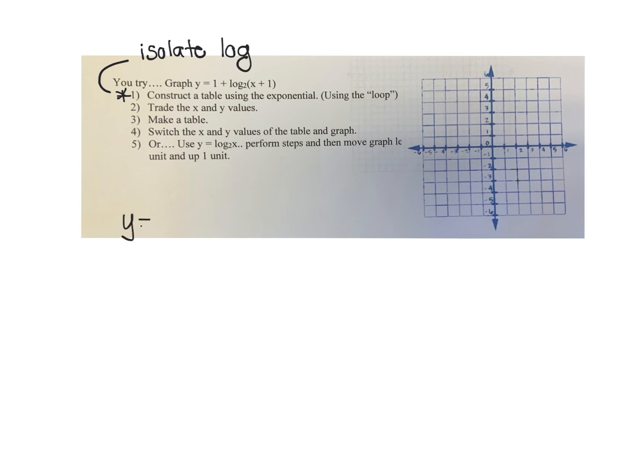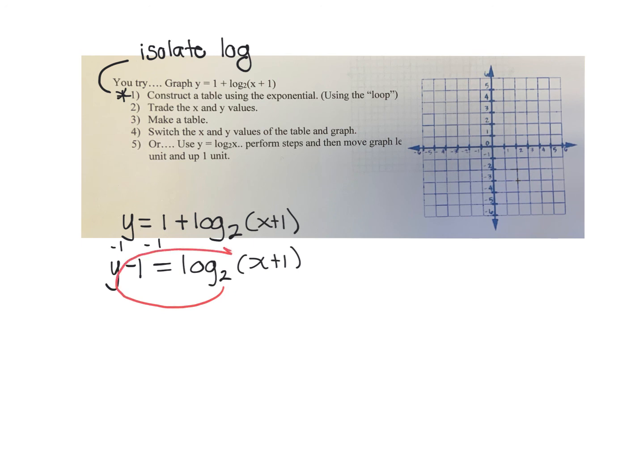So if I have y equals 1 plus log base 2 of x plus 1, the log's not by itself. I have to subtract that 1 over. So I get y minus 1 equals log base 2 of x plus 1. Now I'm going to make that swoosh like this and get 2 to the y minus 1 equals x plus 1.